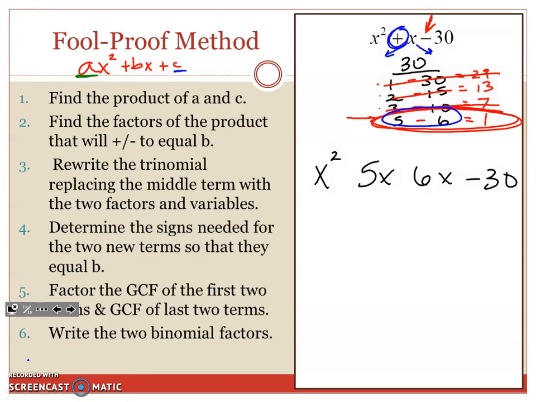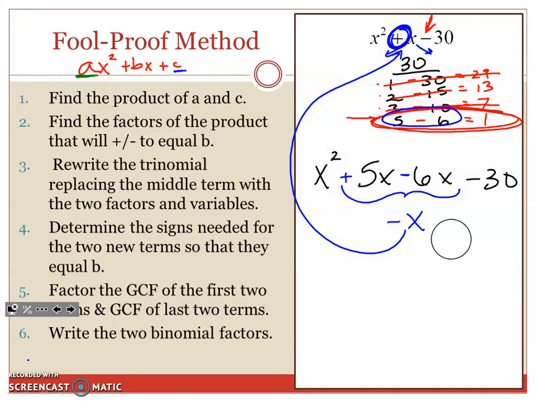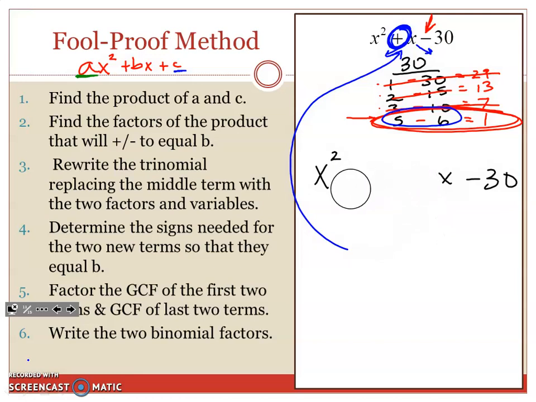If I made this a positive 5x and a negative 6, if I combine those two together, because I can, they're like terms, that would give me a negative x. Do I need this to be a negative x? No. I need it to be a positive x. So positive 5 and negative 6 is not the correct choice for our signs.